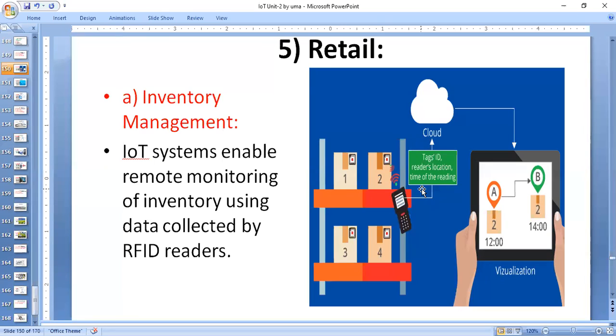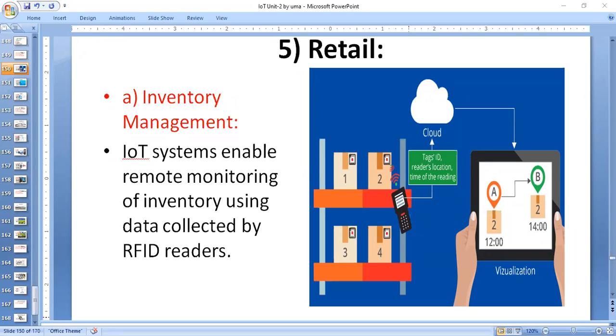What is the necessity of this? RFID tags can help in inventory management and monitoring the right inventory levels. An RFID tag attached to a product allows it to be tracked in real time, so that the inventory levels can be determined and products which are low in stock can be replaced.